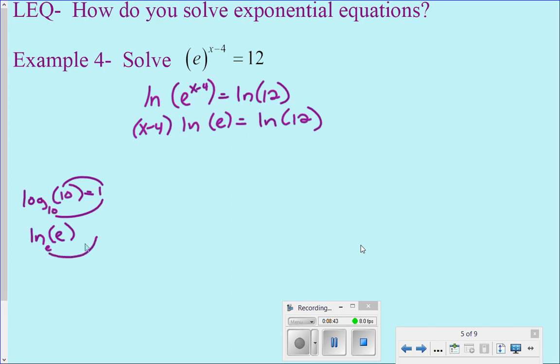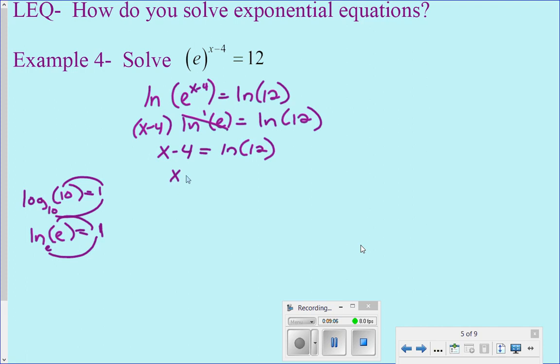So e to what power equals e? Again, that equals 1. So the ln, or natural log of e, is equal to 1. So the nice thing about that is this just drops out, and that equals 1. So I have 1 times x minus 4, which is just x minus 4. So very quickly we're able to solve that by using the natural log rather than log base 10.